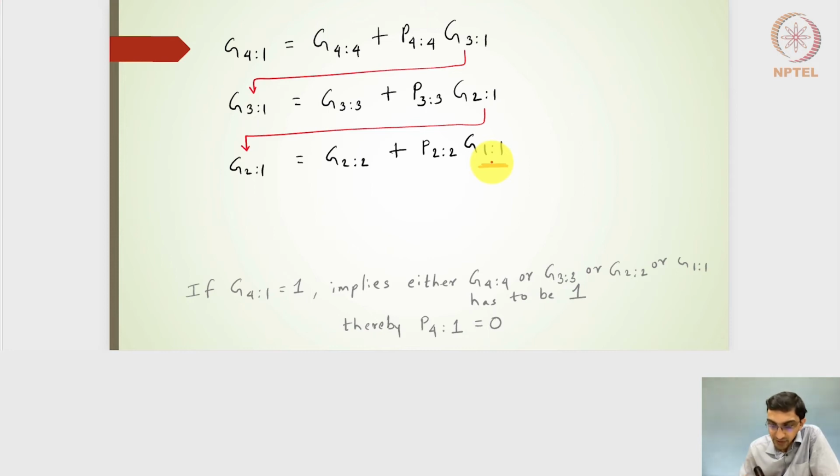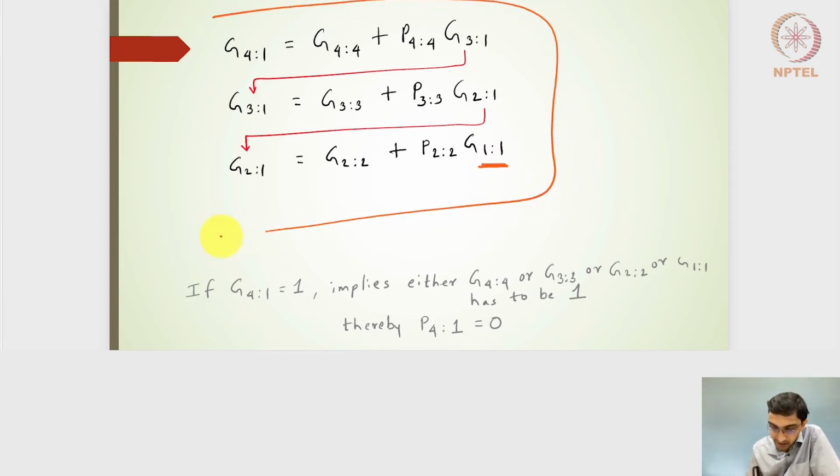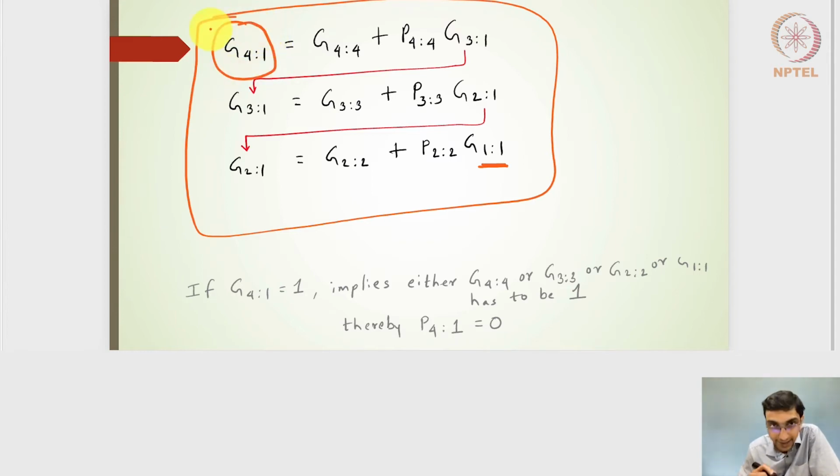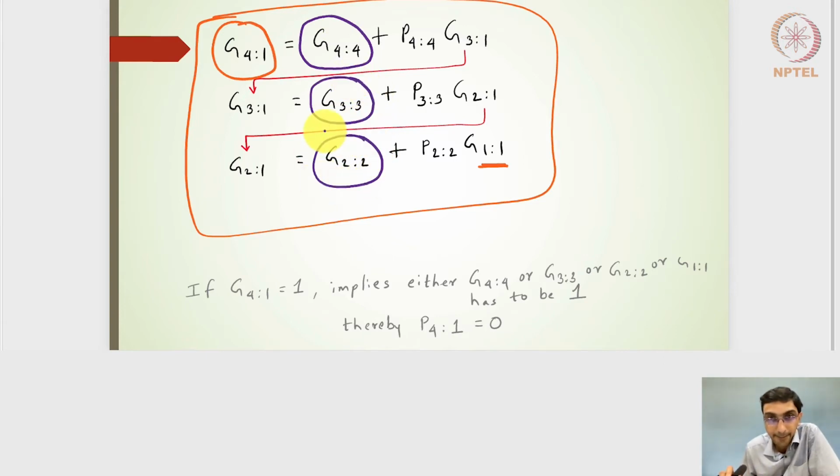So if I look into this particular expression, what it says is if I want to get G4:1 as 1, then either G4:4 has to be 1, or G3:3 has to be 1, or G2:2 has to be 1, right? Or else G1:1 has to be 1 and P2:2 has to be 1, P3:3 has to be 1, P4:4 has to be 1, and thereby I'll get G4:1 as 1.